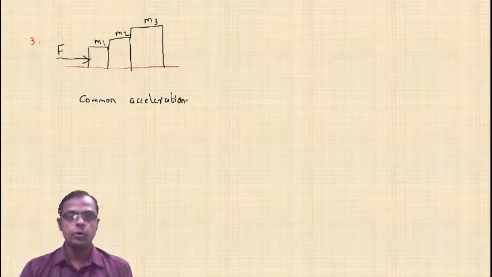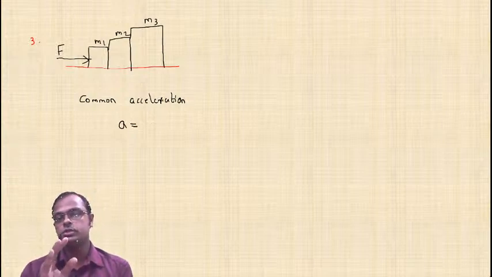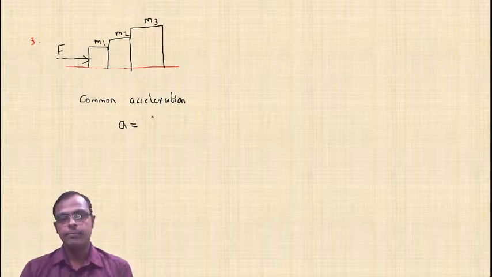The same formula we are using here: acceleration is equal to force divided by total mass. Correct? The applied force is F divided by the total mass, M1 plus M2 plus M3.